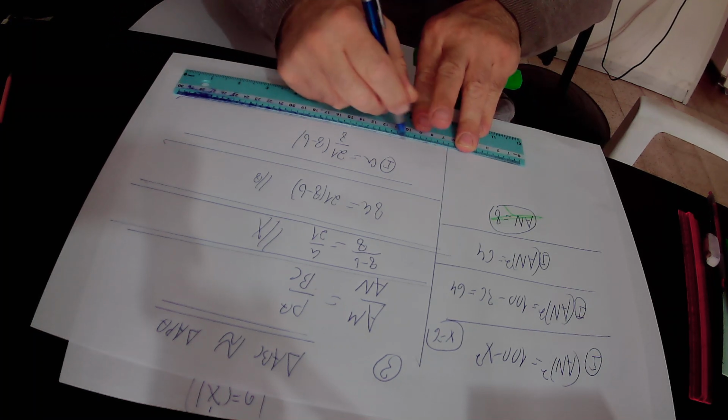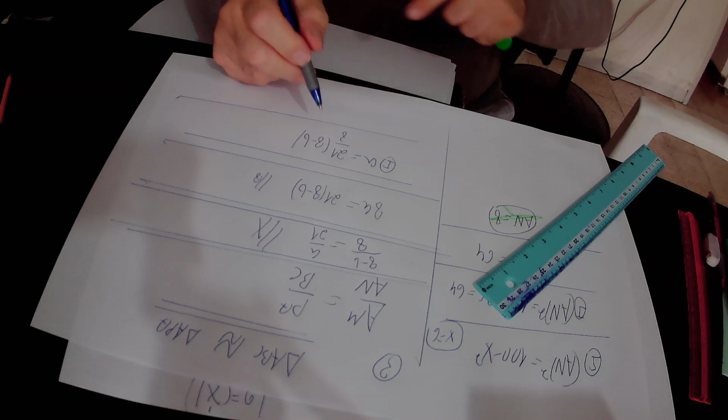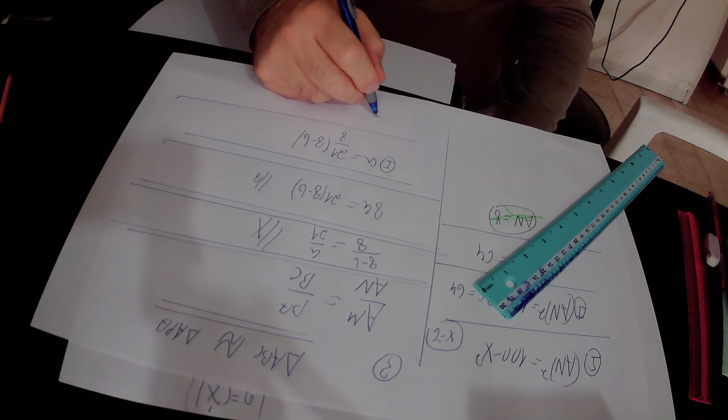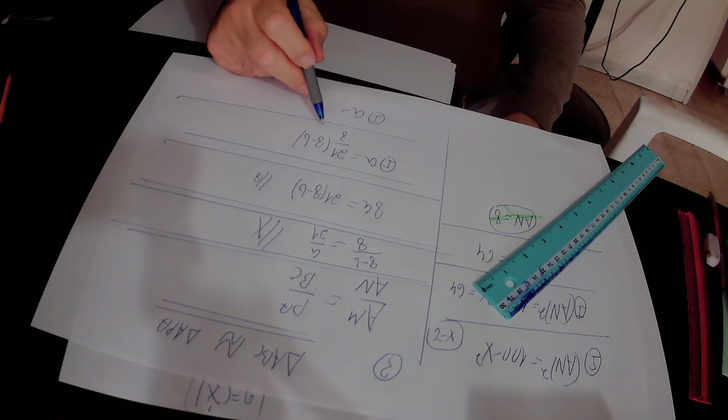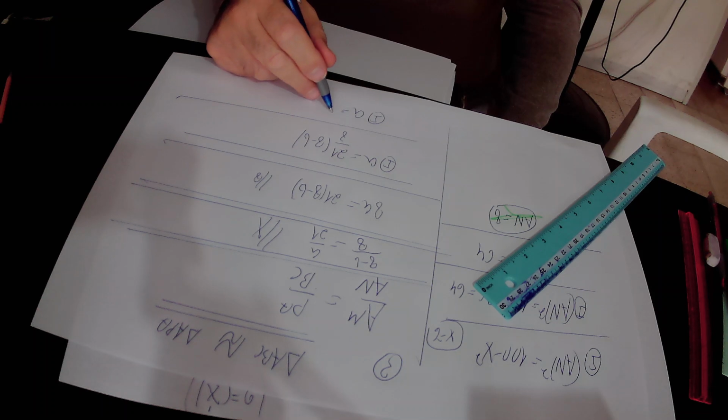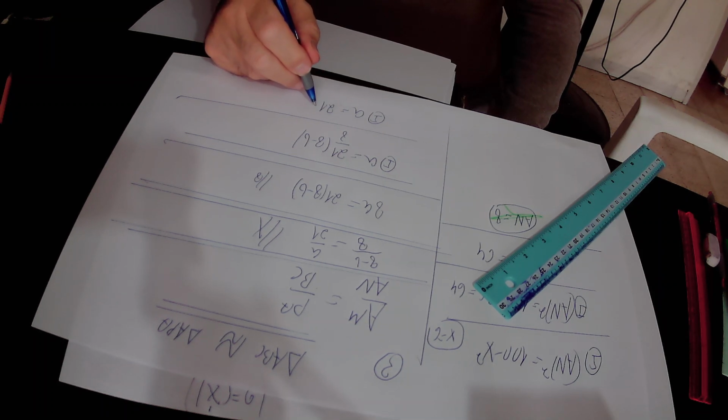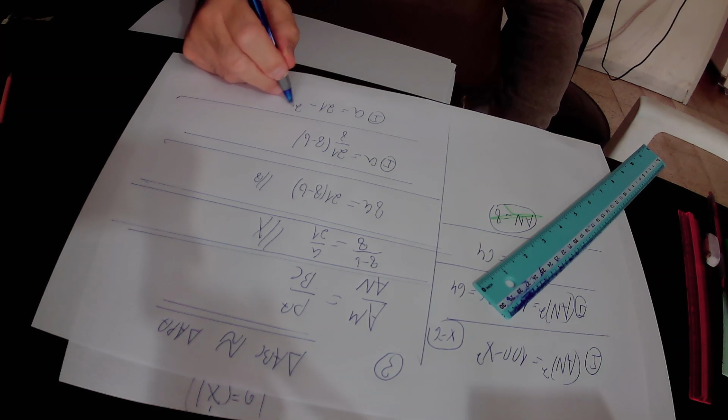The next step, we open the brackets on this side of equation 1, and we get that a equals 21 times 8 over 8, which is 21, and 21 over 8 times minus b, which equals minus 21 over 8 times b.